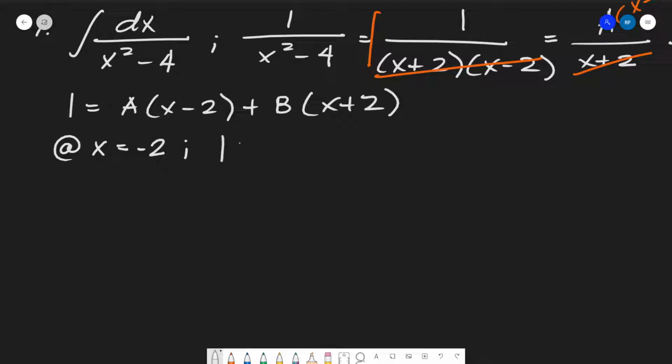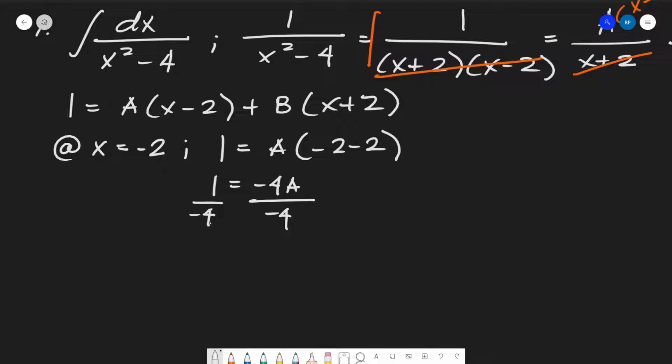So we have 1 equal to A times (negative 2 minus 2), hence 1 is equal to negative 4A. Divide both sides by negative 4, so A is equal to negative 1 over 4.